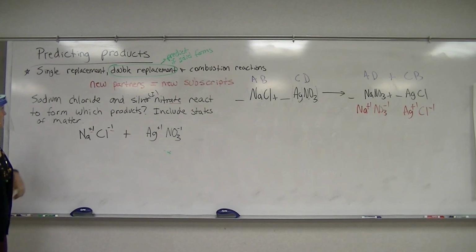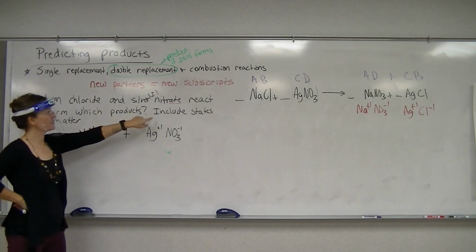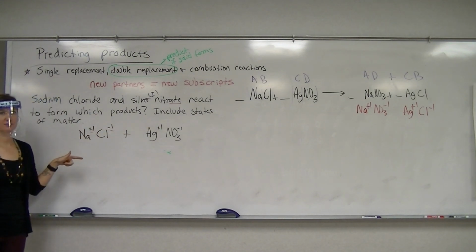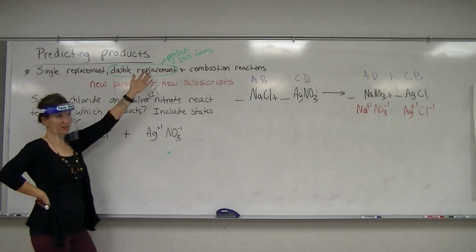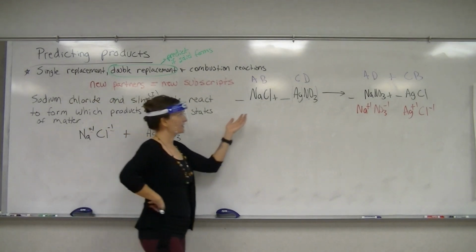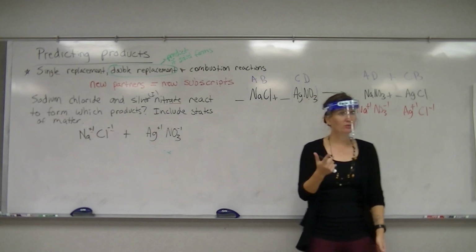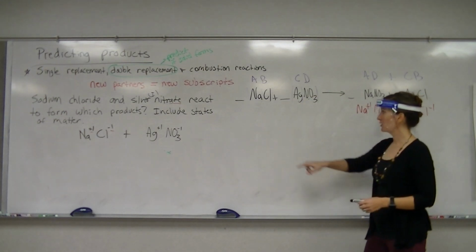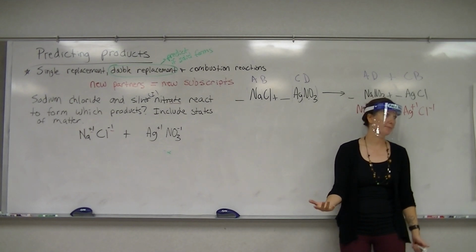So it asks us which products, we got that, but it also says include states of matter. So double replacement reaction. This is the one where we have to predict if a solid forms, okay? And I said that the reactants are almost always aqueous. And you can prove that to yourself just by looking up these compounds on your solubility tables as well.